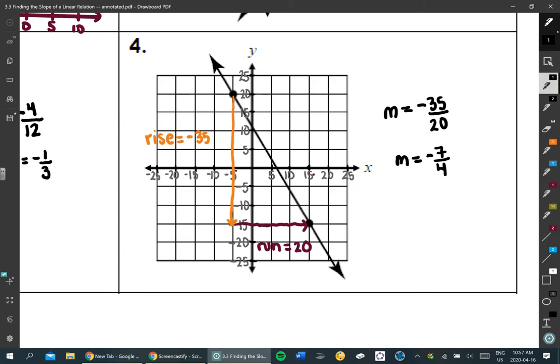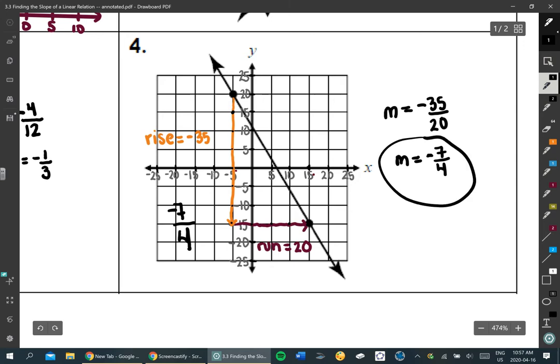Now, some of you may notice that, hey, miss, why didn't you just count the squares, right? So if I counted the squares, I would have 1, 2, 3, 4, 5, 6, 7. I would have -7. And if I just counted the squares, I would have 1, 2, 3, 4 over 4, which gives us the same answer here.